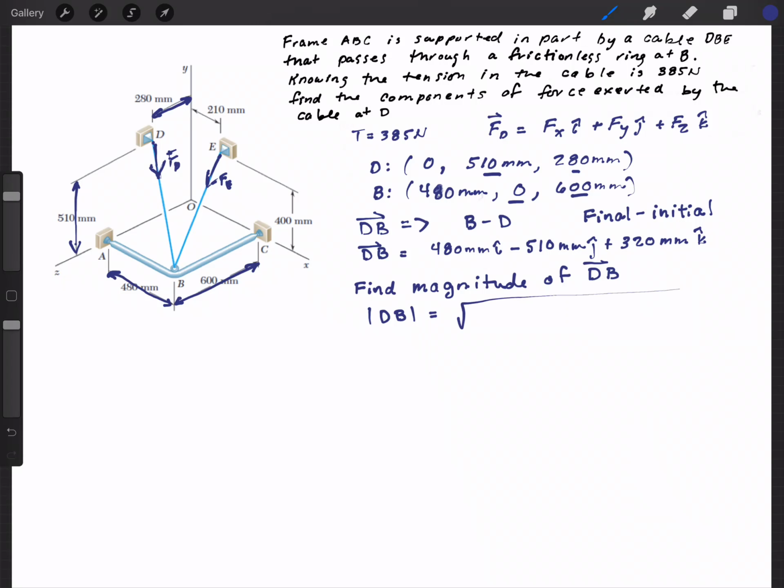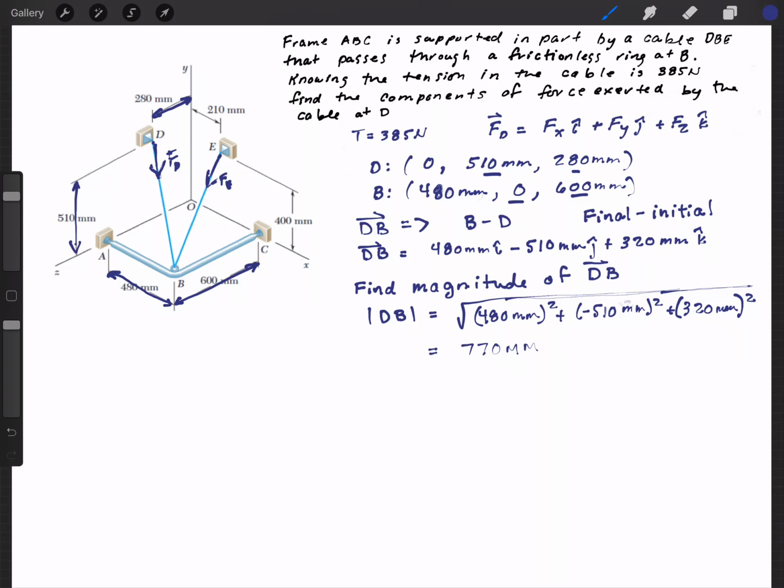We take the square root of 480 millimeters squared plus negative 510 millimeters squared plus 320 millimeters squared. I don't know why some of my lines are not working out today, but you get the idea. So the magnitude of this vector would be 770 millimeters.